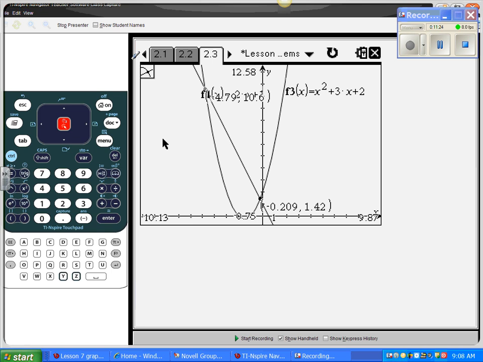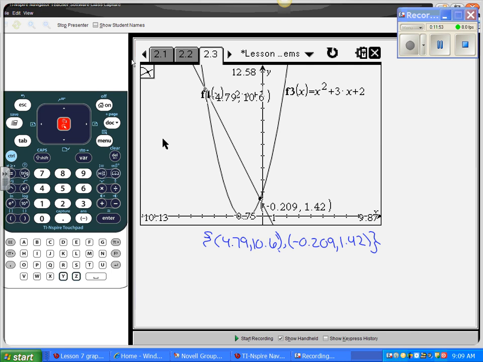The way you're going to write your solutions, because there's more than one, we use curly brackets. Menu, actions, text.